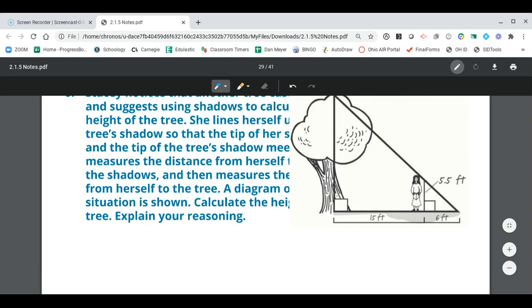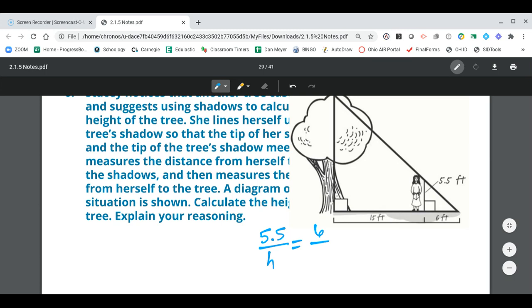Again, they don't give us a whole lot of room, but if I set up a proportion of corresponding side lengths, let's see. Stacy is 5.5 feet, so she will correspond with the height of the tree. We set that equal to the base of her smaller triangle, which is 6, over the base of the larger triangle, which is not 15.